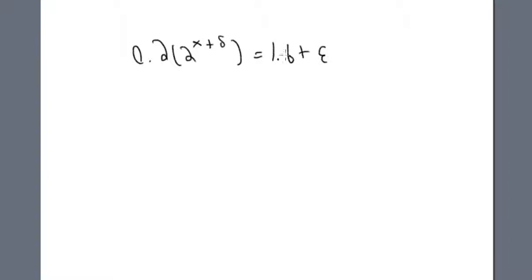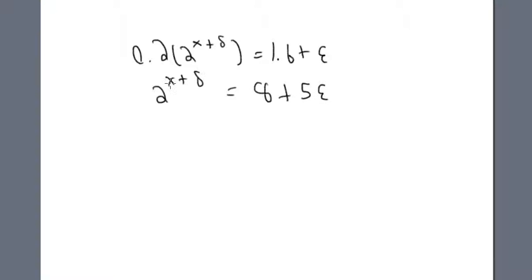Epsilon is the range from our output. Now, how we do this, I'm going to divide both sides by 0.2. I get 2 to the x plus delta equals, now both these sides divided by 0.2, I get 8 plus 5 epsilon.